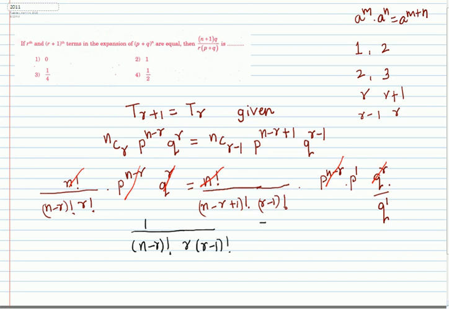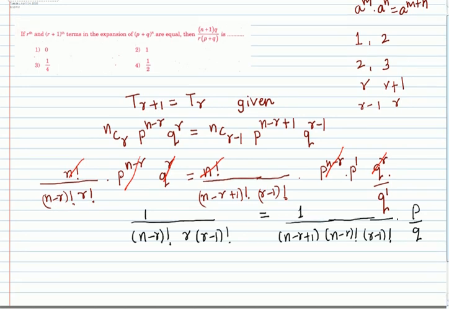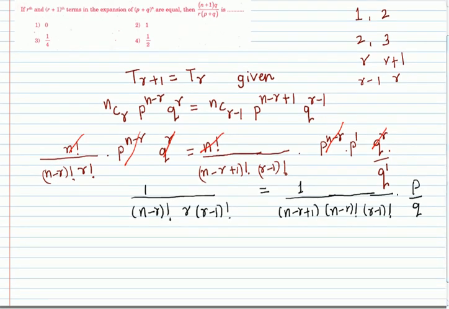In the RHS we have 1 divided by (n minus r plus 1), which if we expand, is (n minus r plus 1) into (n minus r) factorial into (r minus 1) factorial, into p by q. Which terms get cancelled now? After the expansion, (n minus r) factorial and (r minus 1) factorial get cancelled.